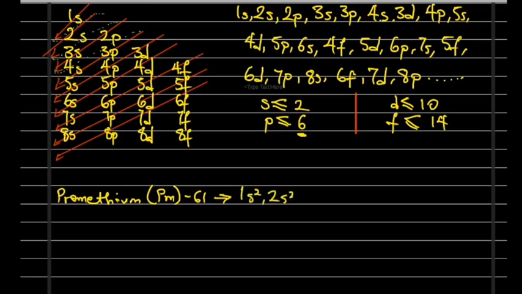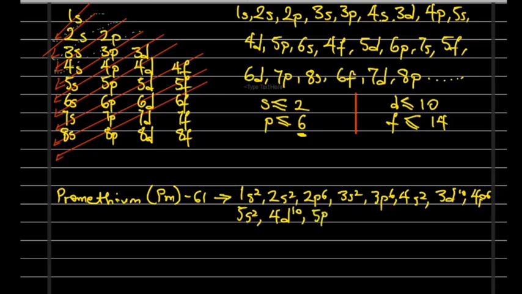1s2, 2s2, 2p6, 3s2, 3p6, 4s2, 3d10, 4p6, 5s2, 4d10, 5p6, after 5p, 6s2.